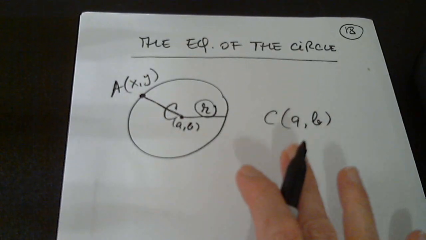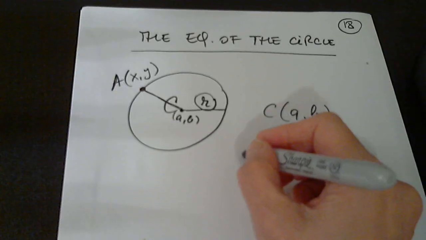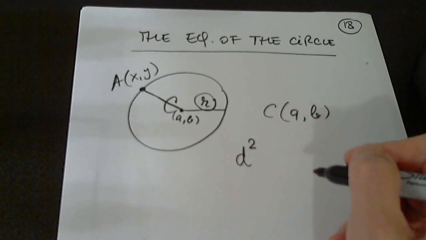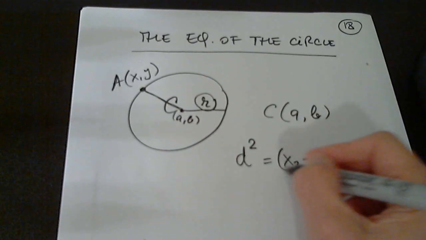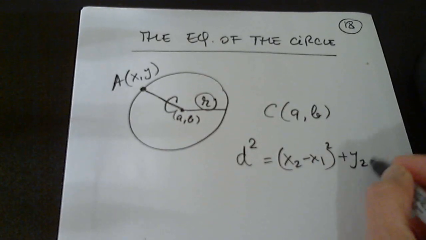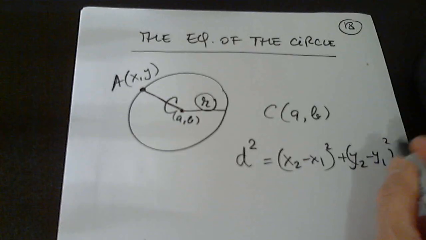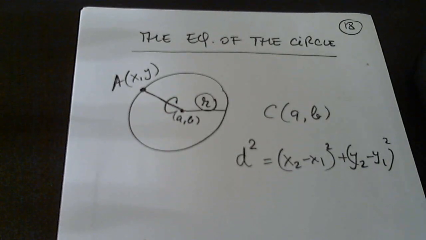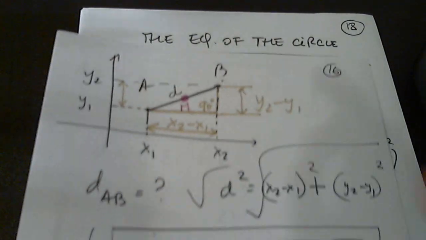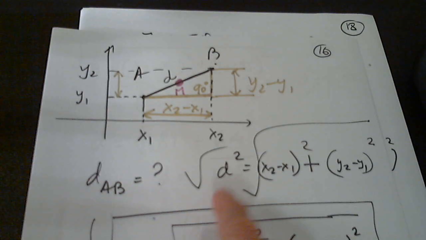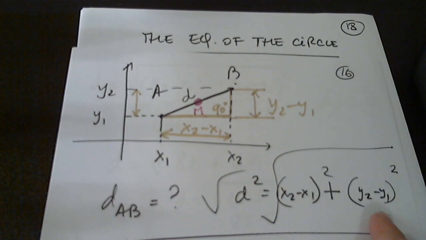So remember what we wrote before. We wrote that the distance squared equals x2 minus x1 squared plus y2 minus y1 squared. This is what we wrote a few minutes ago. Let me go back. We wrote that d squared equals x2 minus x1 squared plus y2 minus y1 squared, and then we apply the square root.